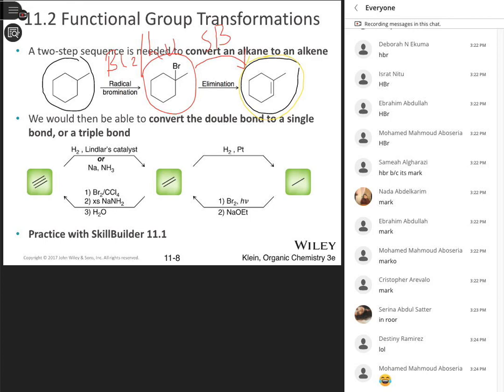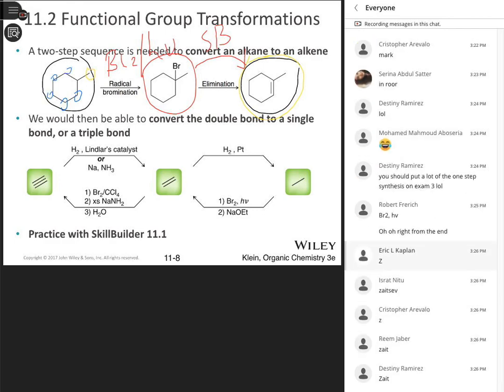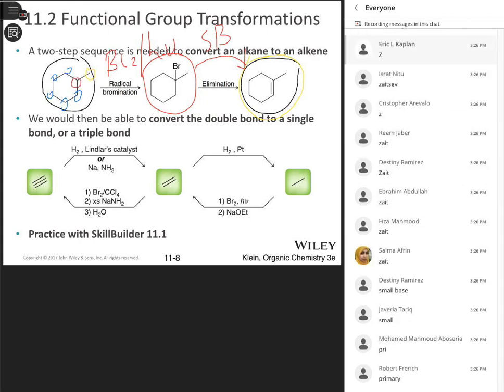And why did the bromine add there? Because let's look at them. If I form a free radical here, what kind of free radical would that be? Primary. If I form my free radical here or here or here or here, or here, all these are equivalent, that's secondary. However, if I form a free radical here, that is tertiary, and that is the most stable free radical formation, and that's why the bromine adds there.